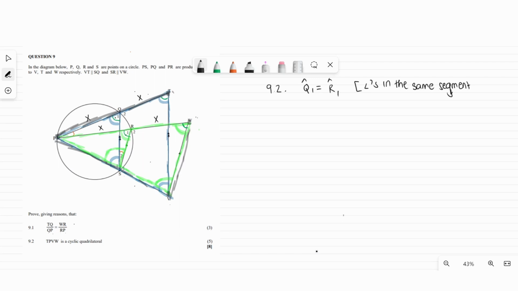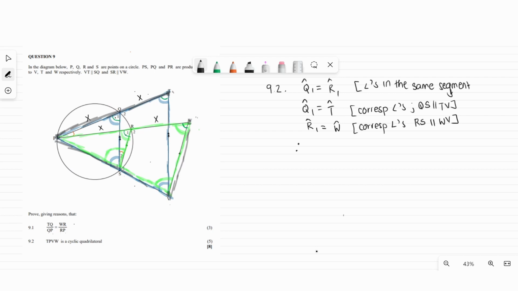Then we know that angle Q1 is equal to angle T, and your reason is corresponding angles, with parallel lines QS parallel to TV. We also know that angle R1 is equal to angle W. Your reason is corresponding angles, but with different parallel lines, RS parallel to WV.